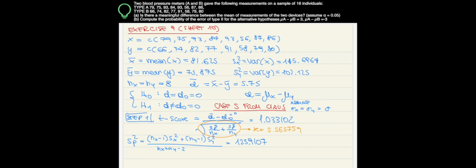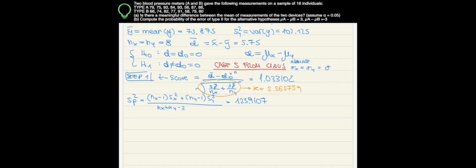Great. So next step to decide on the null hypothesis is to calculate the p-value. So step 2 will be calculating the p-value, but here nothing changes than the other cases.